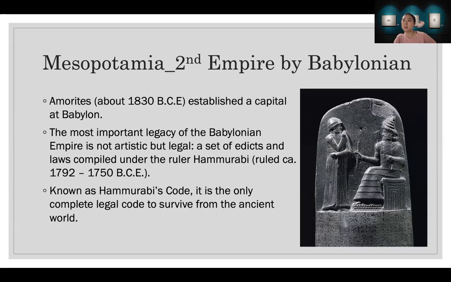The most important legacy of the Babylonian Empire is not artistic but legal: a set of edicts and laws compiled under the ruler Hammurabi, known as Hammurabi's Code. It is the only complete legal code to survive from the ancient world, and it has provided historians with valuable insight into the structure and concerns of Mesopotamian society.